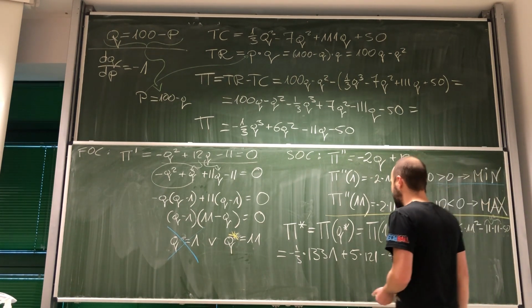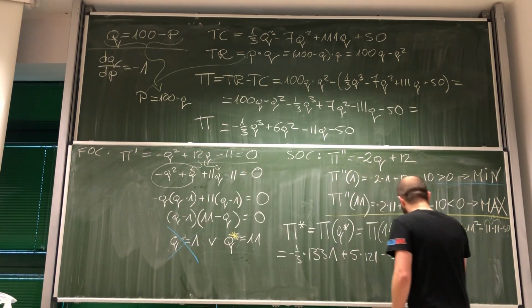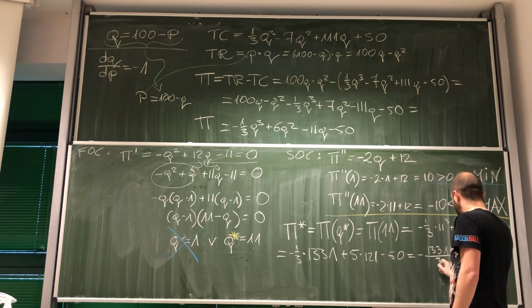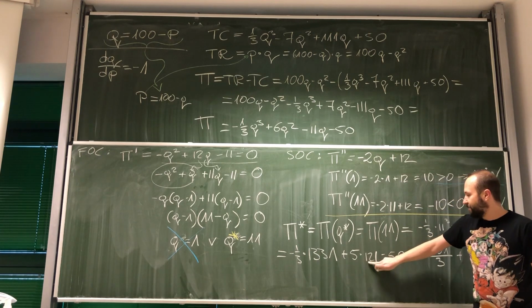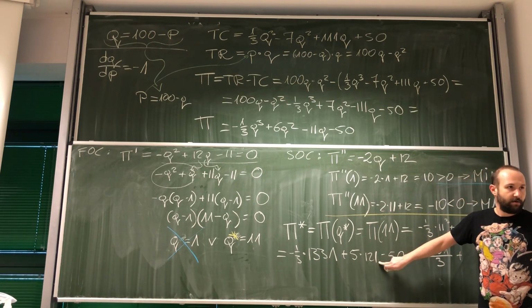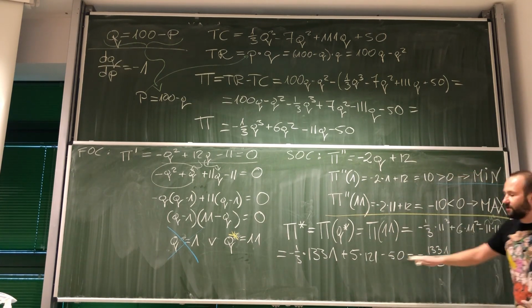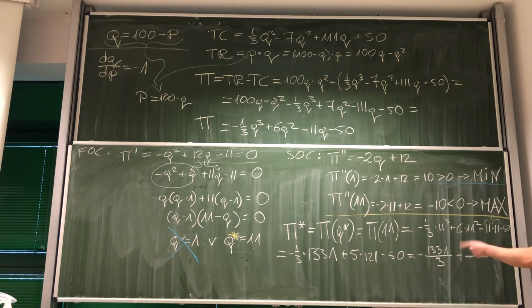Okay, so now let's put all of these expressions into a common denominator. So we've got that this is -1,331 over 3. Now plus, we will have here 5 times 121. But now if I want to put it into a common denominator, I should multiply it by 3. So it's 15 times 121. So this is 1,815.